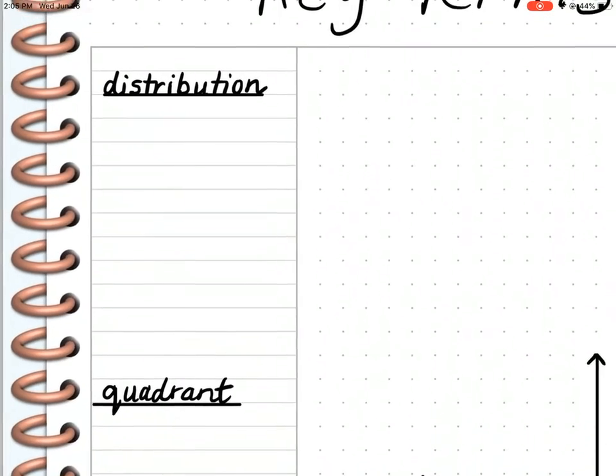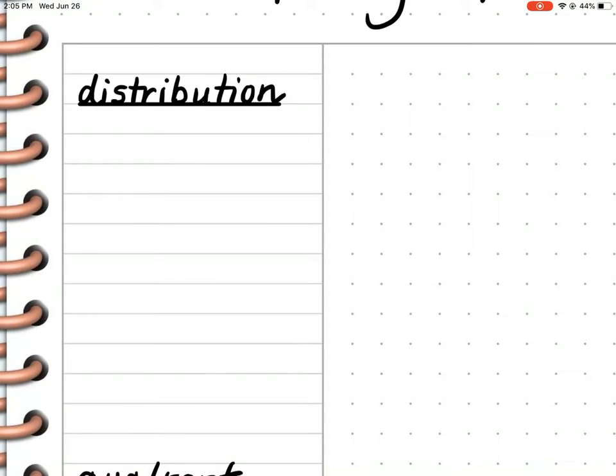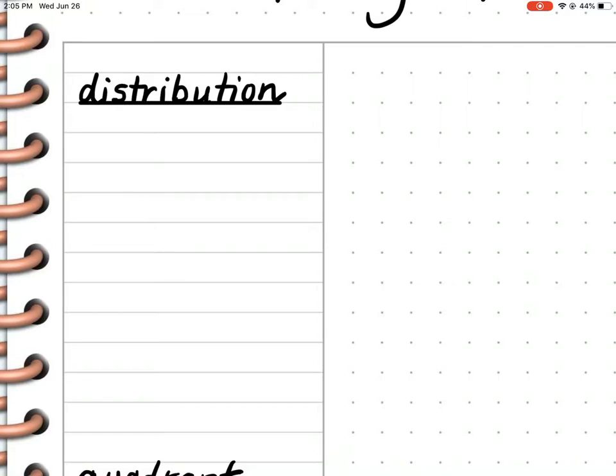So I'm going to zoom in here on the word distribution and give you the statistical or the mathematical definition of distribution.